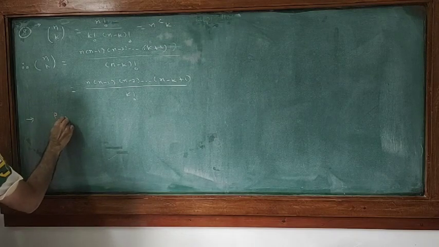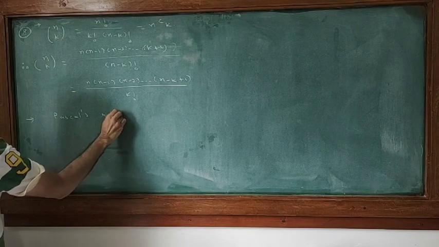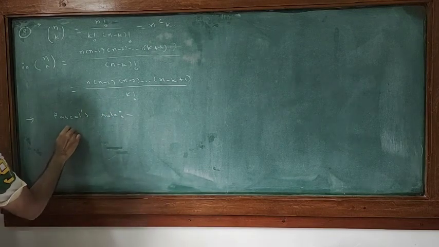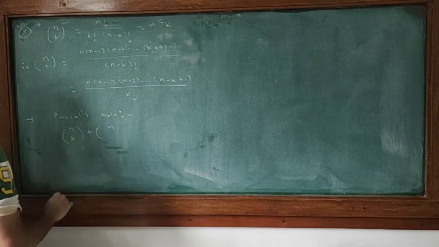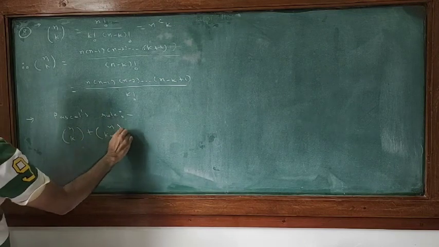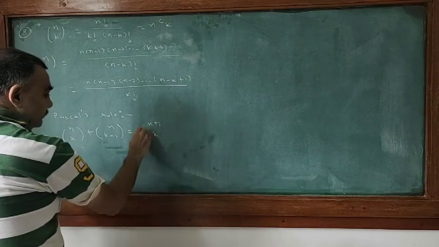Then there is Pascal's formula: nCk plus nCk minus 1 equals n plus 1 Ck.